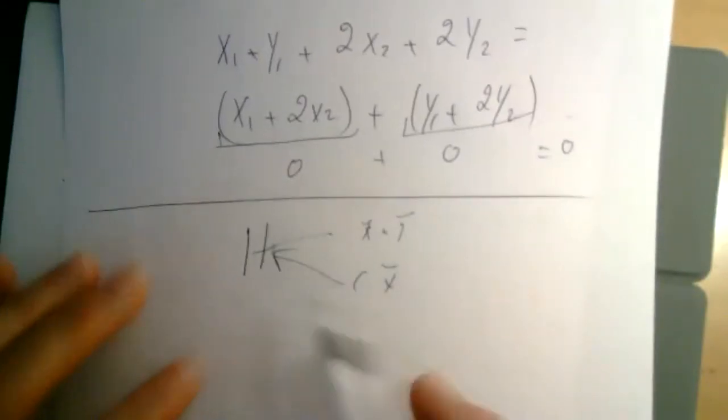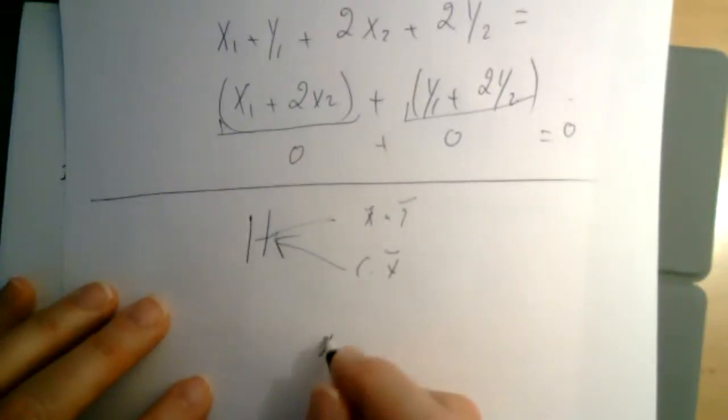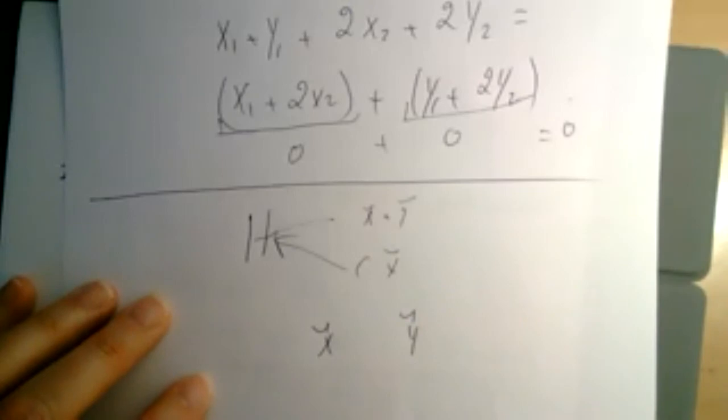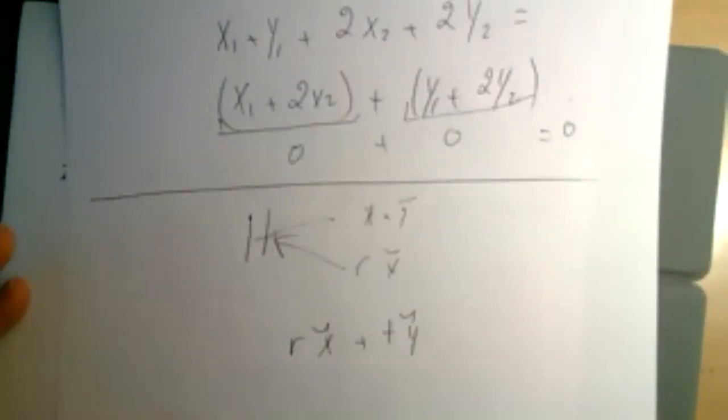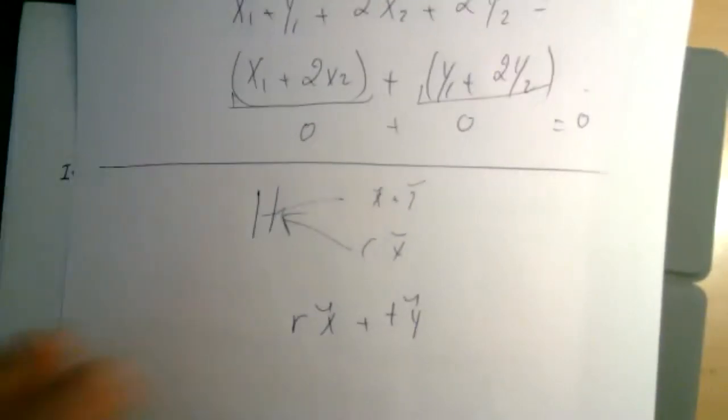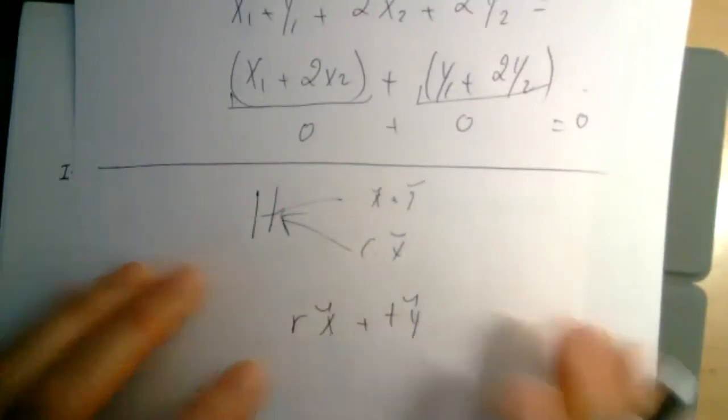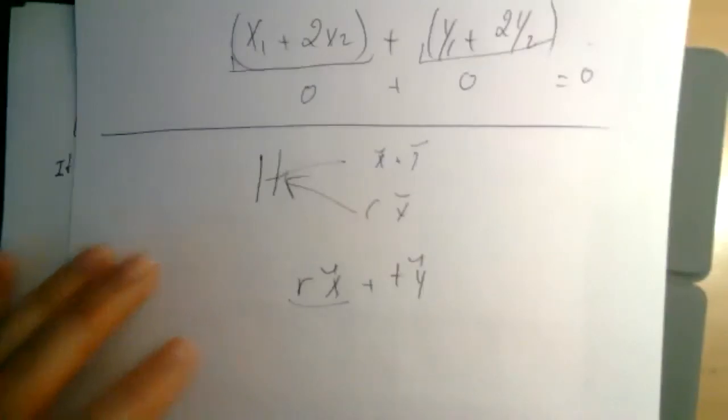So if I start with any two vectors and take a linear combination of them, this new one also will have to be in H, because if X is in H, scaling it will be in H.